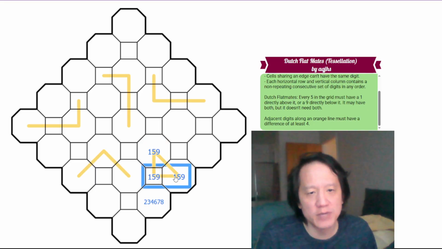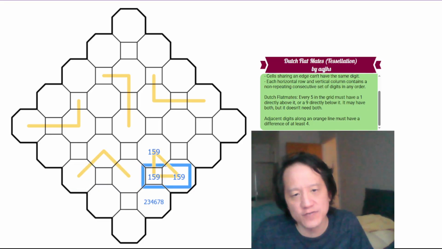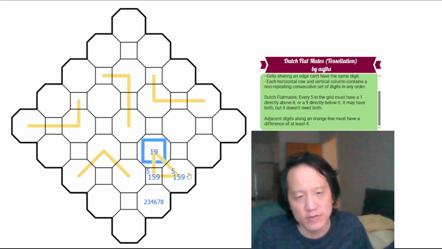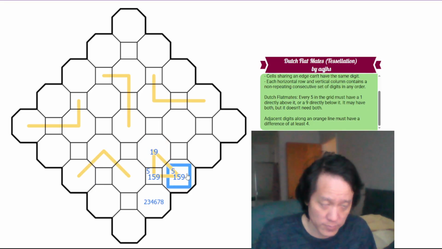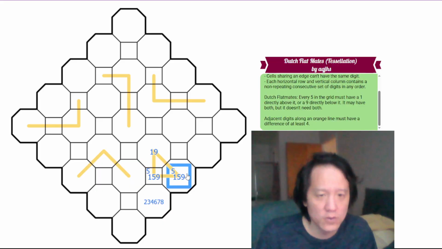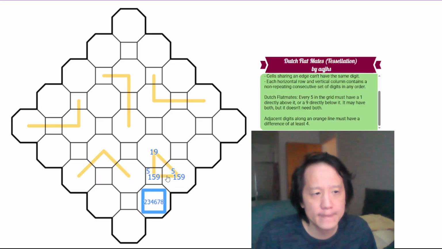One of these two must be a 5. Because if you try to have 1 and 9 together, that doesn't form a Renban correctly for 5 unique digits. So one of these is a 5, which means this cannot be 5. It could be 5 if this is 1.